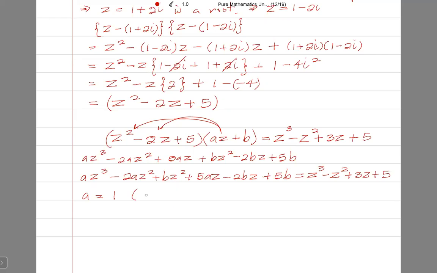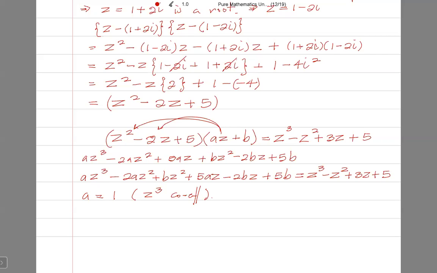And I'm going to put in bracket Z cube coefficient. So answer this. What is Z cube coefficient on the left? Anybody? Guys? A. What is Z cube coefficient on the right? 1. So it means that A is equal to 1.